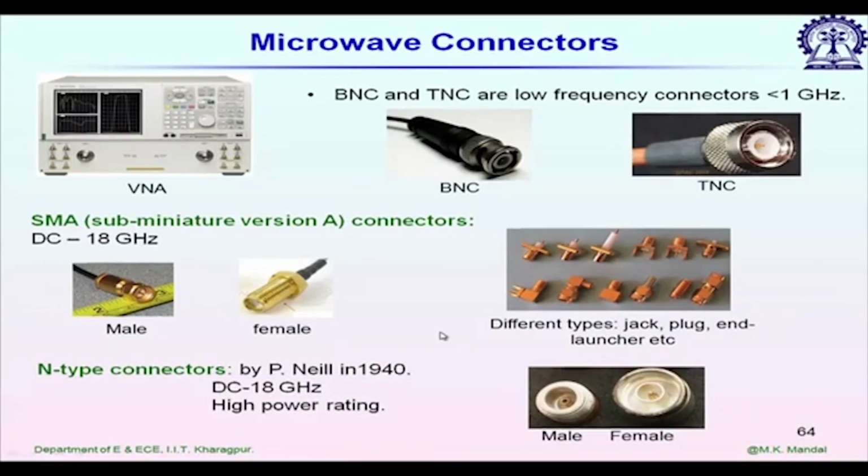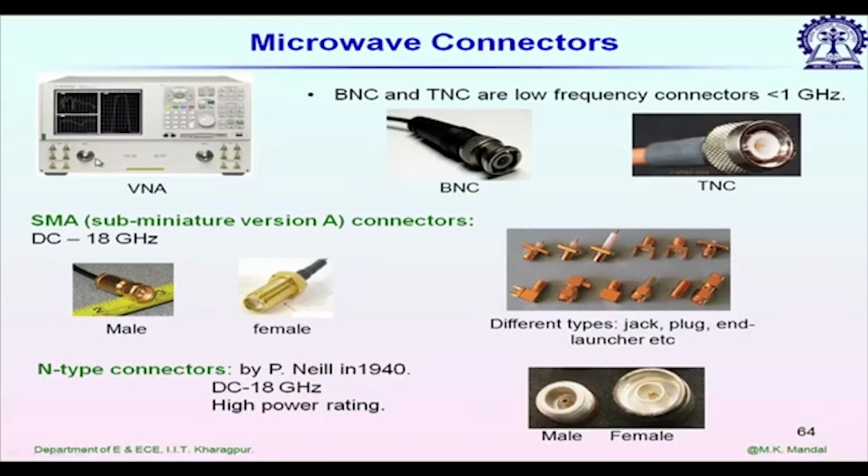Some applications. Whenever we measure this structure, this is showing one vector network analyzer which we use to measure the scattering parameters of any waveguiding structure as well as of any components. It can be microwave or millimeter wave components.